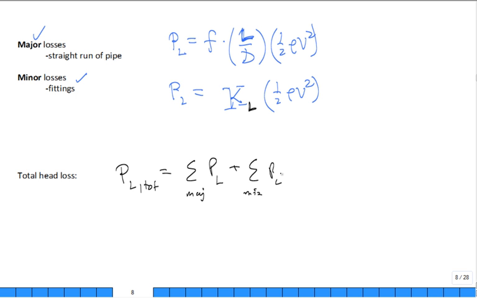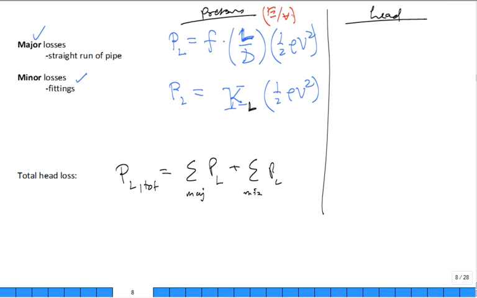Somebody says, you are working in pressure, but I like to work in head. Okay. What was the difference between head and pressure? Pressure is energy per unit volume. Head is energy per unit weight.